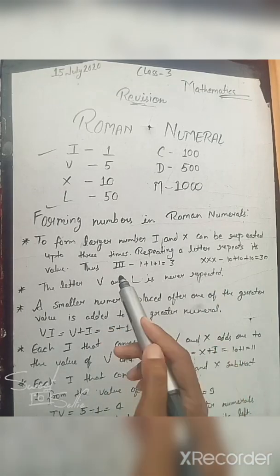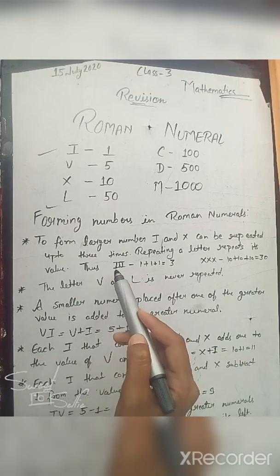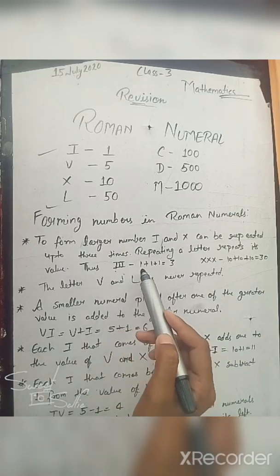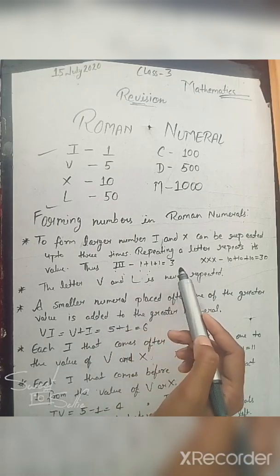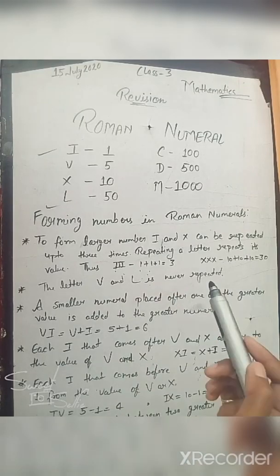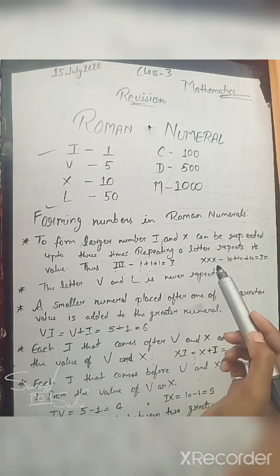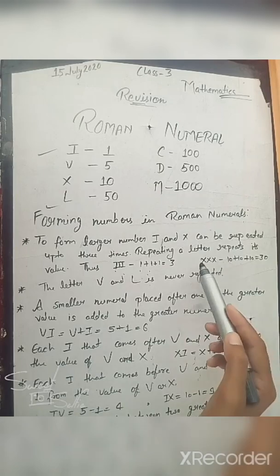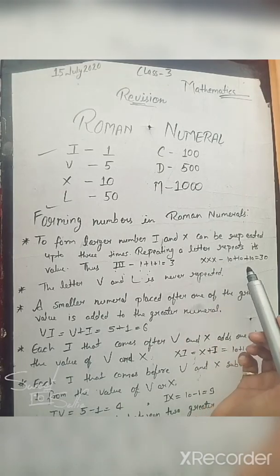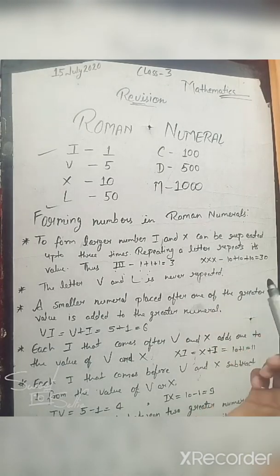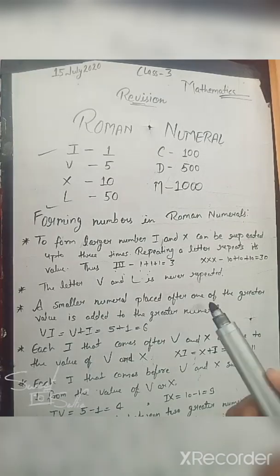Like if I have written here III, it means 1 plus 1 plus 1 is equal to 3. Similarly, XXX, so single X means 10, so 10 plus 10 plus 10 is equal to 30. Okay, but we cannot repeat any alphabet up to 4 times.